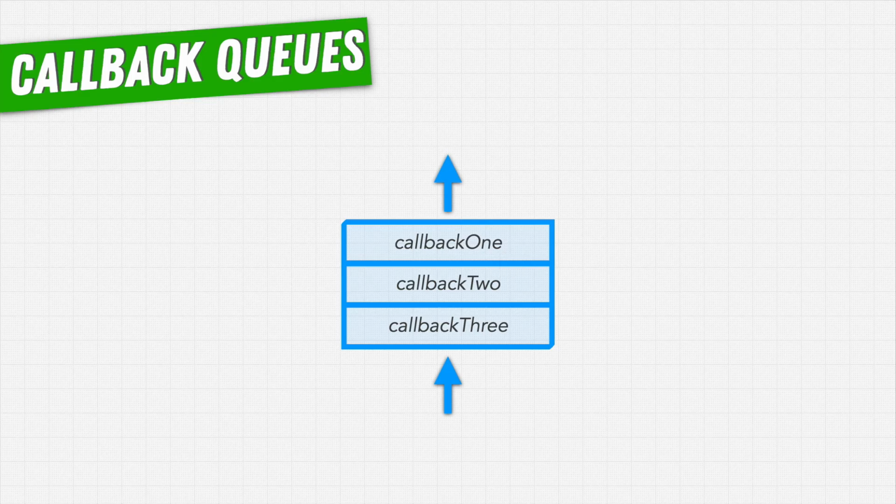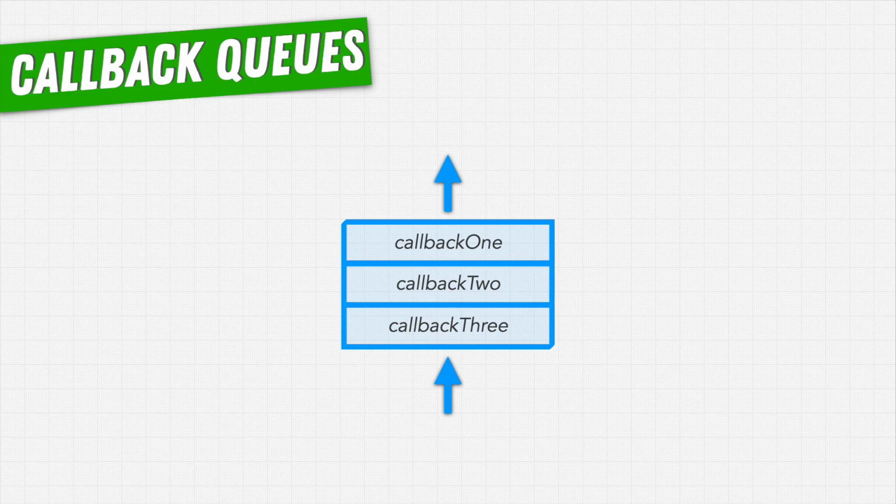This queue is like a waiting area for our callbacks, where the oldest function, the one that's been waiting longest, will be the one to get processed by our event loop first when it has a chance. We use this queue system so that all your callback functions get a fair chance to be executed in a reasonable amount of time without interrupting each other.